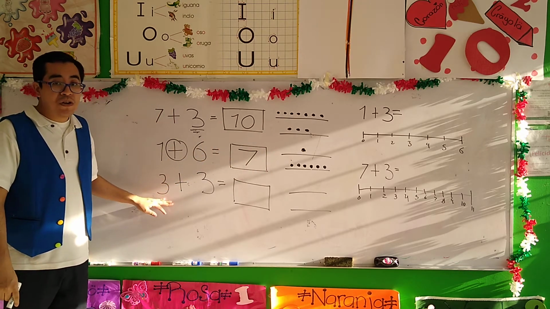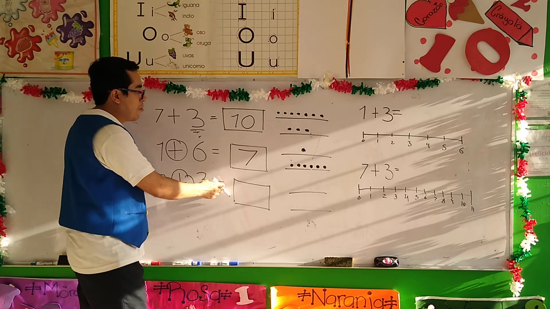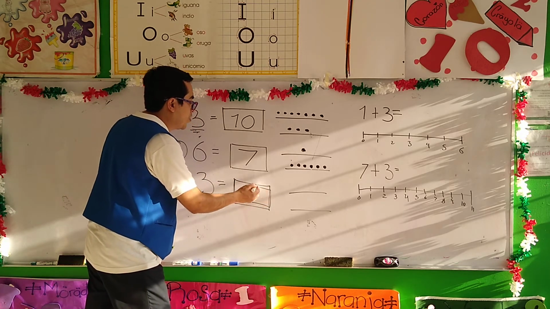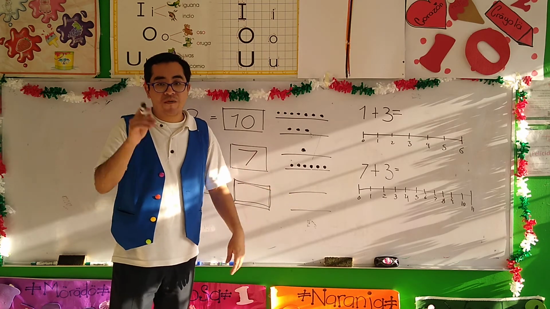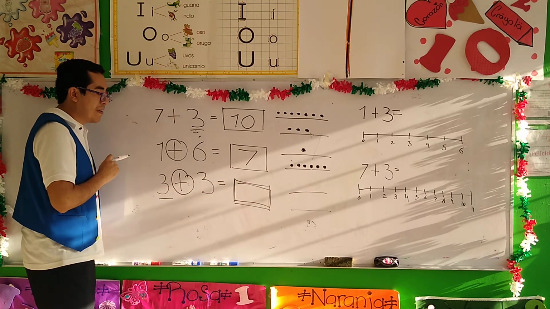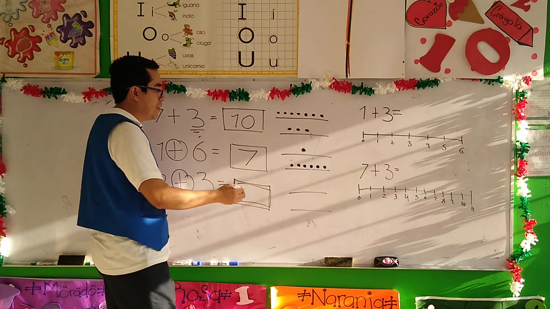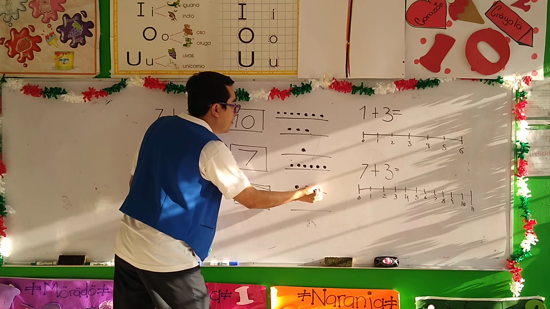Now, let's continue. Remember, numbers, our symbol plus, equals. Now, here on this square, we have to write the result and the lines so we can write the dots. On the first line, we have to write 3 little dots. Please help me count. 1, 2, 3.